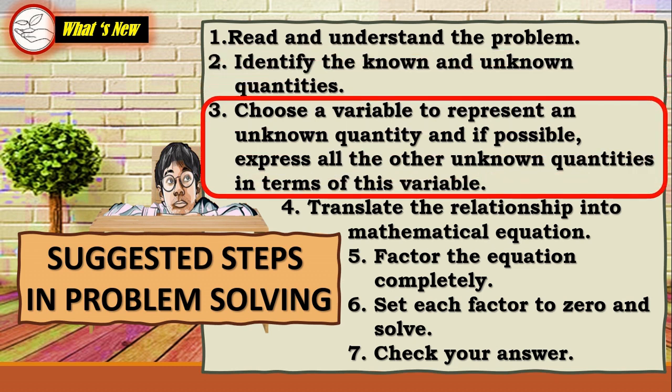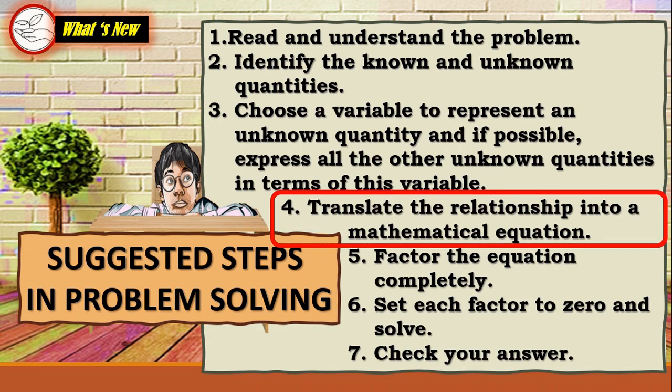And then you choose a variable to represent an unknown quantity. And, if possible, express all the other unknown quantities in terms of this variable. After that, you translate the relationships of all of your quantities into a mathematical equation.